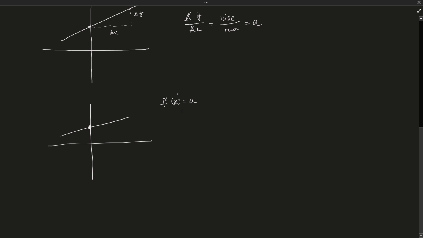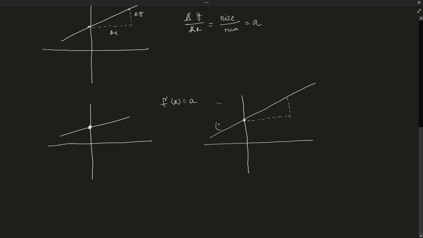If we want to see it in a mathematical form, it will be something like this. Suppose we have a point here, and this and this.